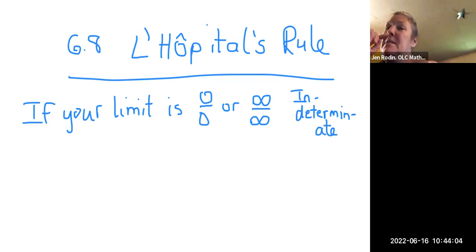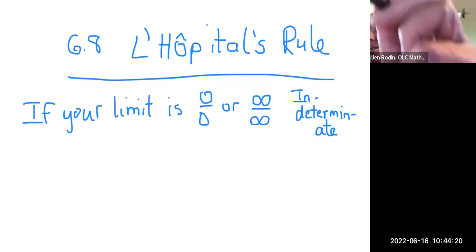Those are called indeterminate, not undefined. That's different. So if your limit comes out like that, and you're like, well, damn it. Before, we would just write it does not exist, or you can't find it. But now we can use this formula, which is just great.